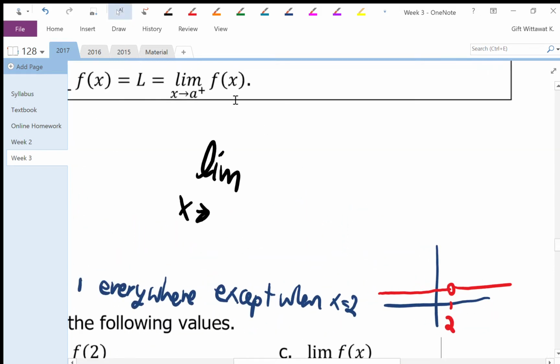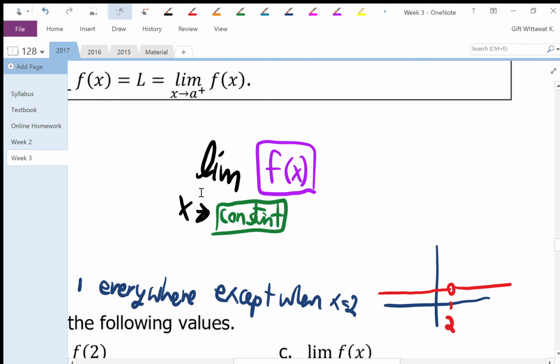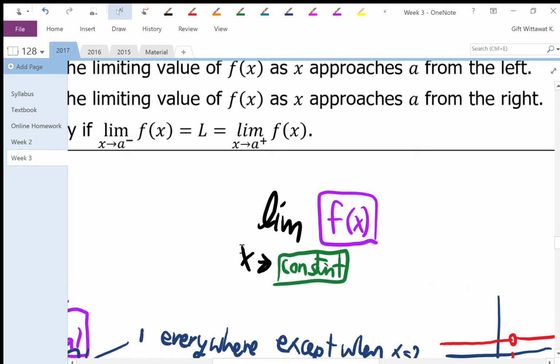The limit will have several components. The usual notation is the limit as x goes to some constant, of a function. There will be x, or a variable, going to some value, of a certain function.